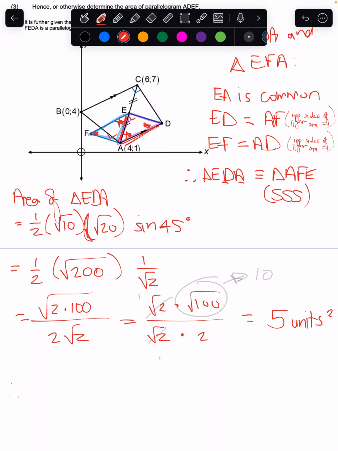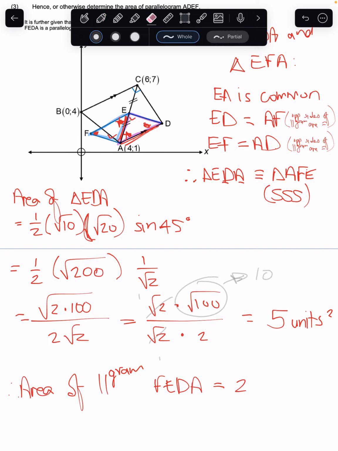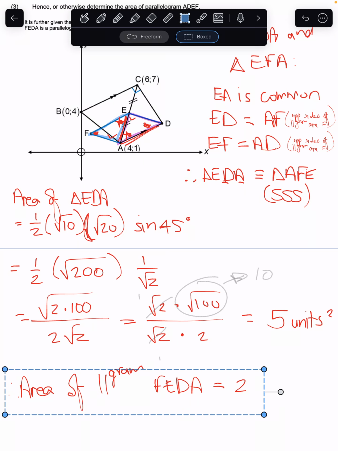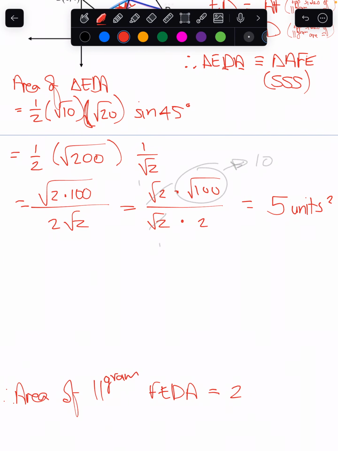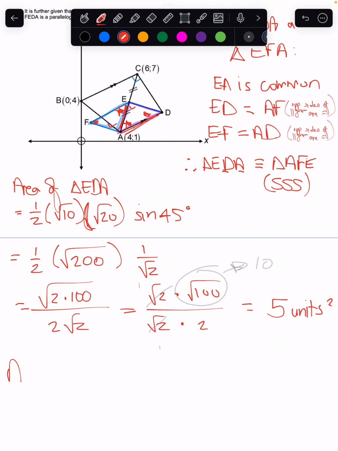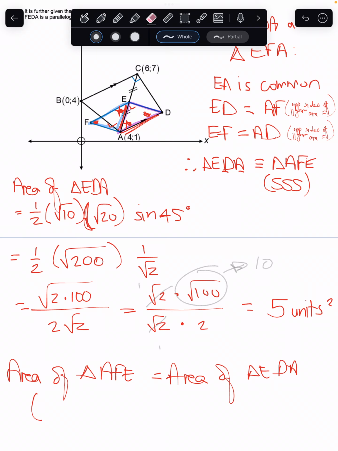So therefore, the area of the parallelogram FEDA will be, maybe let's just add another step of reasoning. The area of triangle AFE will be equal to the area of triangle EDA, because of the congruency between these triangles.